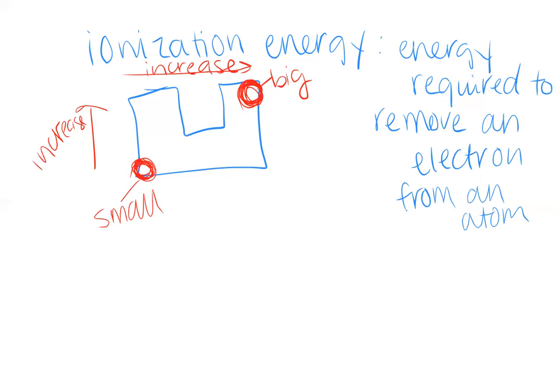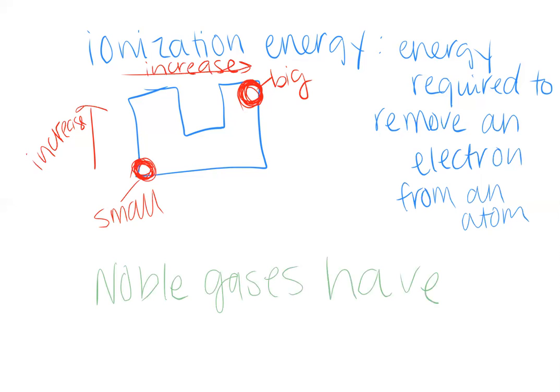One more quick note. Ionization energy. Noble gases have the highest. I'm going to abbreviate ionization energy as IE here. They have the highest ionization energy because they have a full outer shell.